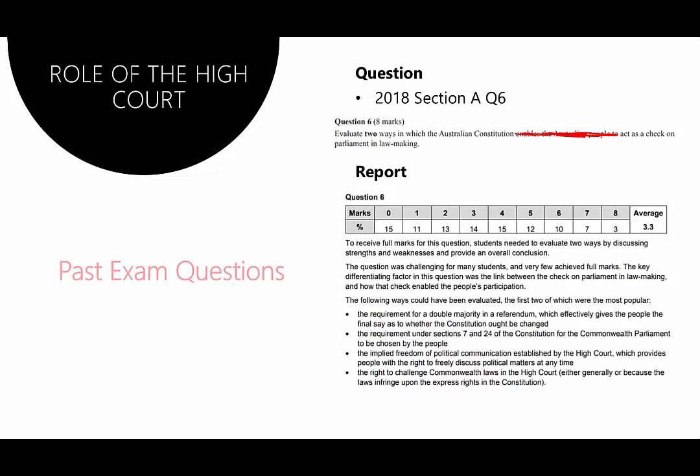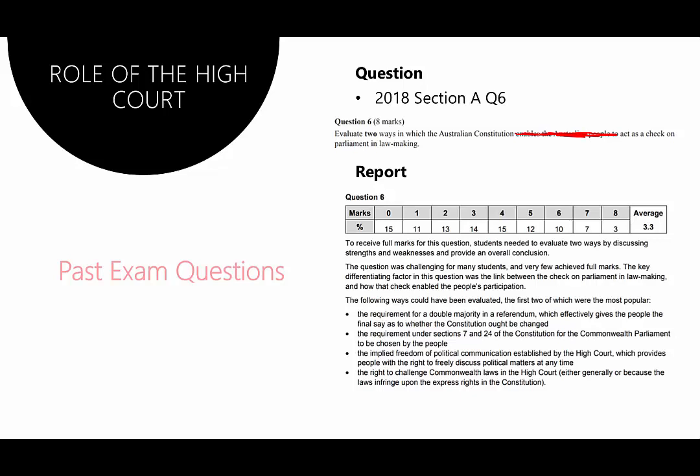And that's really directly that skill we've been looking at, 4.1.5, evaluate the ability of the Constitution to check Parliament, more or less. And that's any of the 5 things that we're talking about.